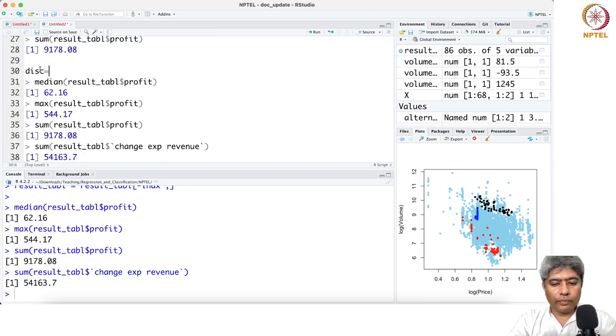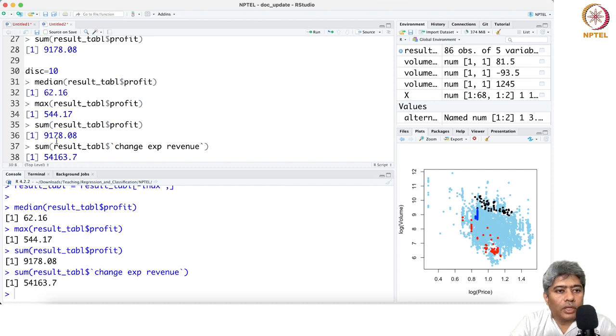Total revenue goes from 46,000 to 54,000, so total revenue shoots up, but total profit goes down marginally. So sometimes the company wants to grab the market share, and if they see that their total profit is not taking a hit but their overall market share is going up, why not give some kind of promotional activity by giving discount.